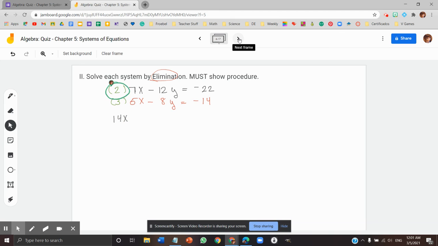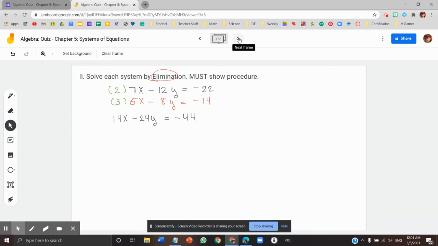And 2 times negative 12y is going to be negative 24y. And how much is 2 times negative 22? It's going to be equal to negative 44.